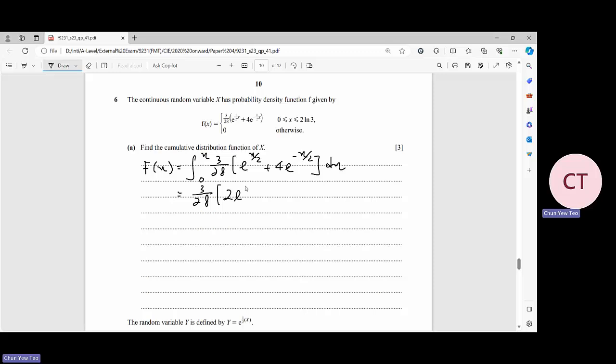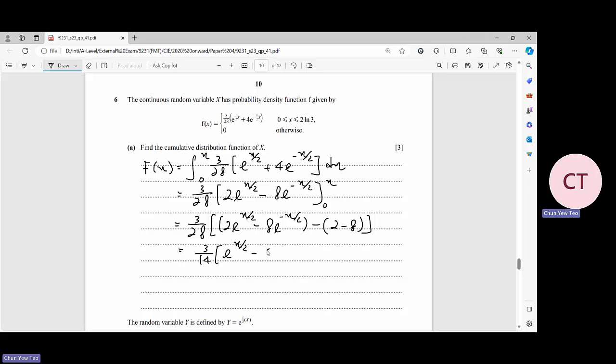This one integrate directly. Then replace the value inside, and you get this, minus the 2 minus the 8. Then at the end, your answer will be 3/14 times e to the power of half x minus 4e to the power of negative half x plus 3.